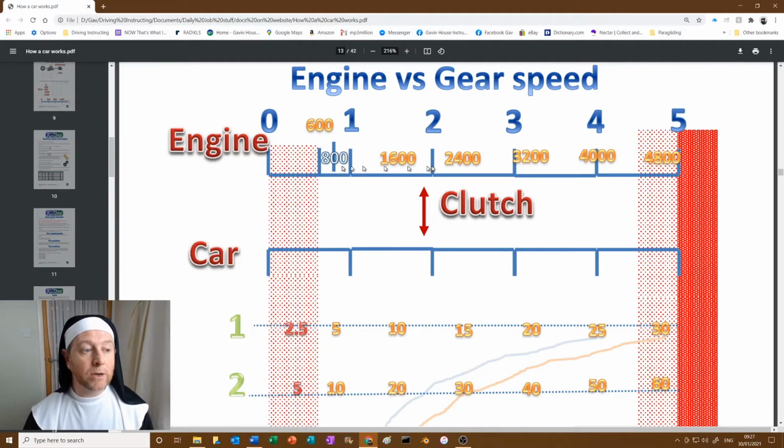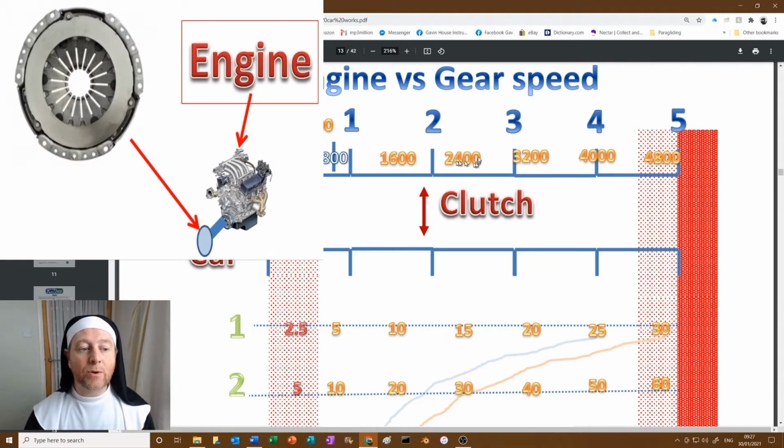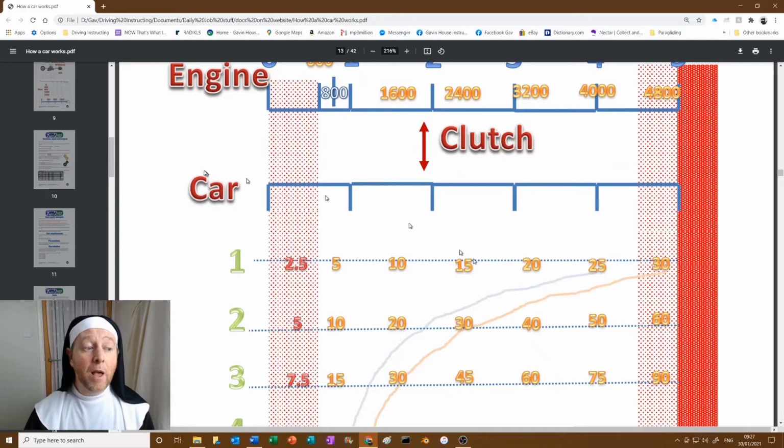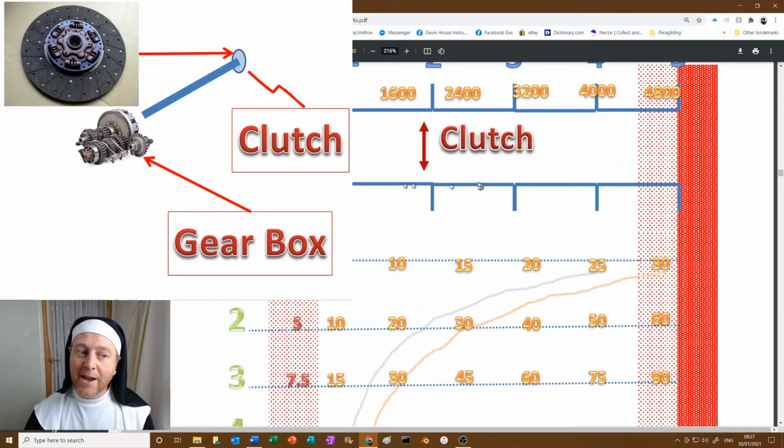So what I'm saying to you is, if I pushed fuel into the engine and I got the engine rotating at 2400 RPM, then the clutch here on the engine would be spinning at that speed. And if it is not connected to the car, then obviously it won't affect the car. It must be connected in order for it to affect the car. And equally, the car itself has a clutch spinning here.